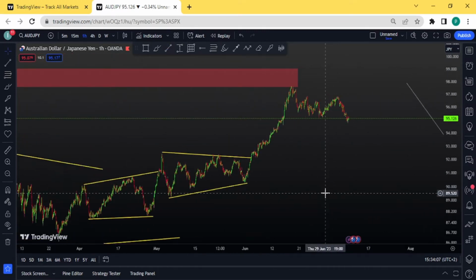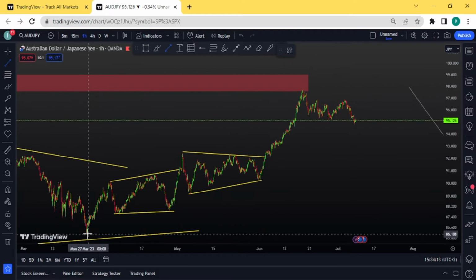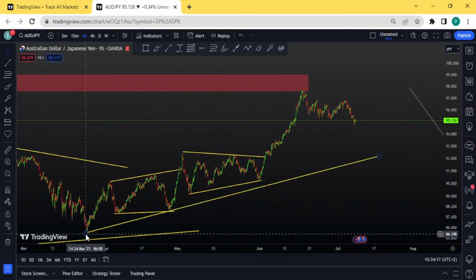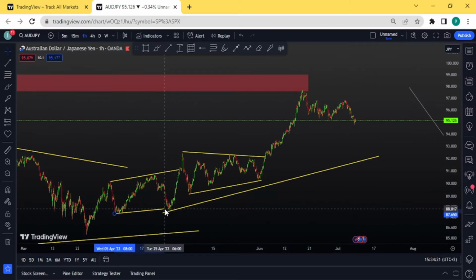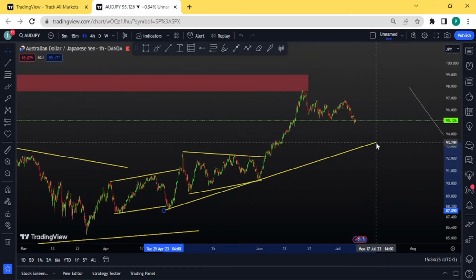So in this case, I also had this trend line here. So I'm going to adjust it, put it here, put it here.